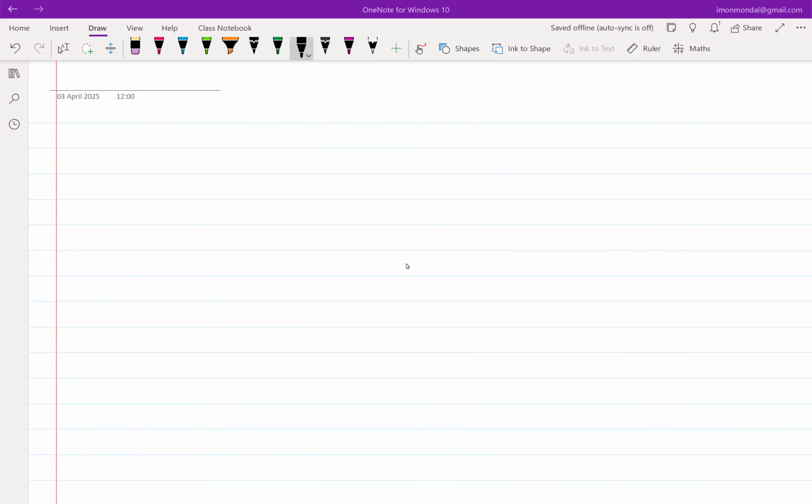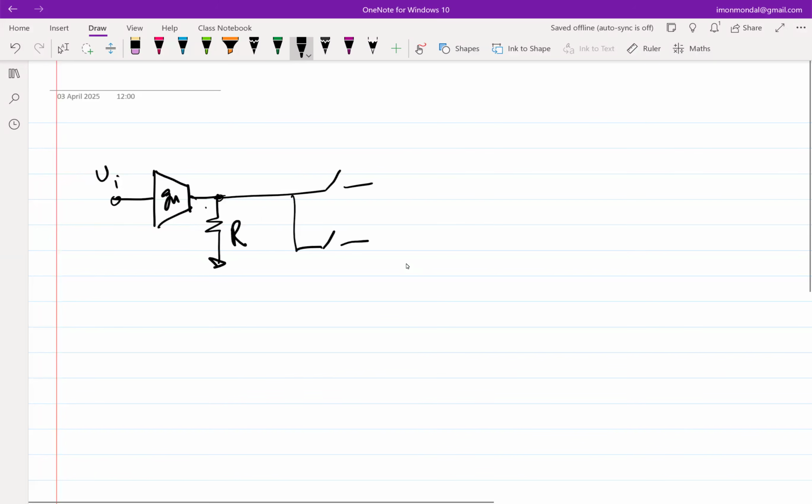The assignment was something like this, right? We had a GM, which was an ideal GM, small signal, VI, some R, and there were these switches and some LPF connected here.